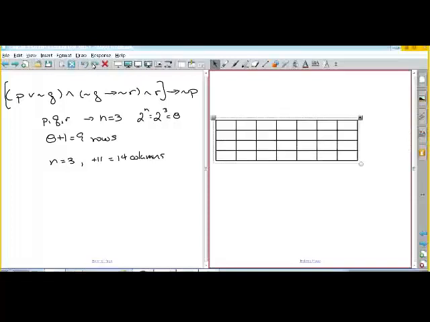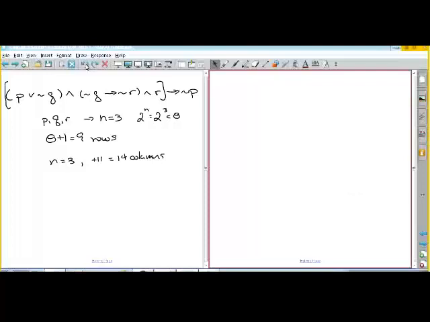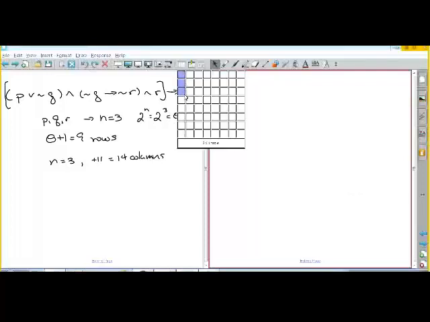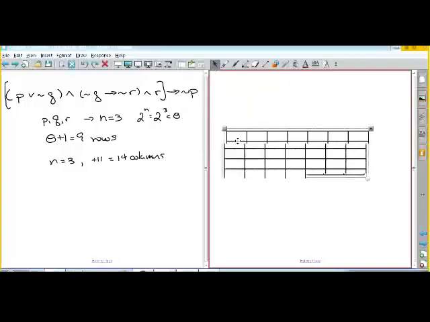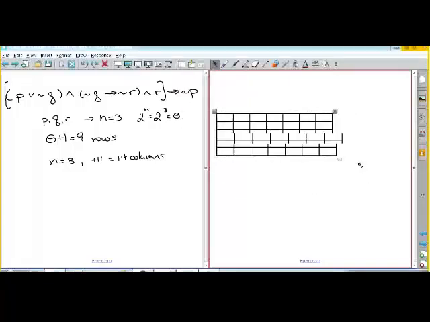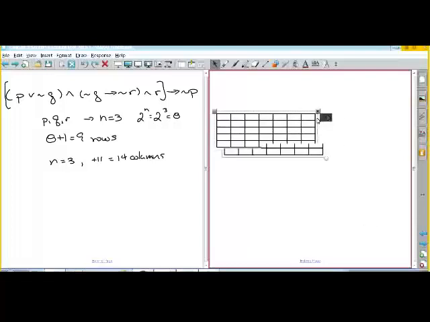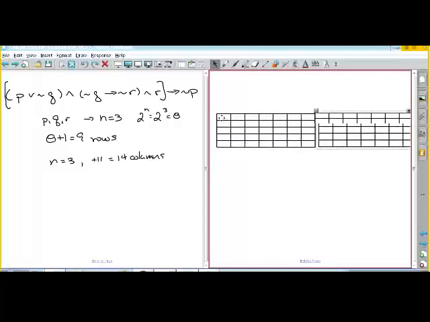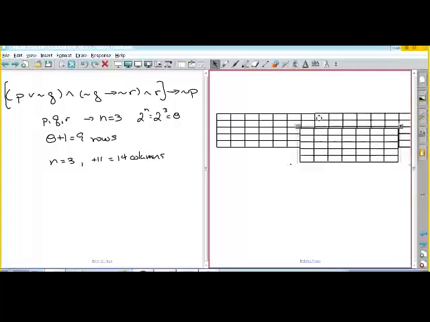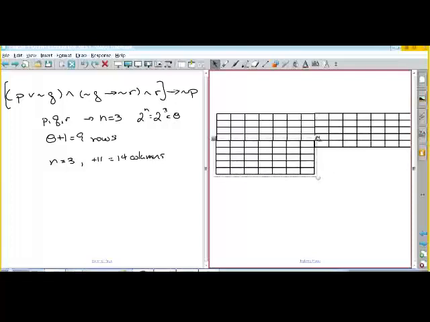Do it right this time. Okay. I need one more row. 5 by 7. There's 14. Here's 9. Okay, so that's 9 by 14.